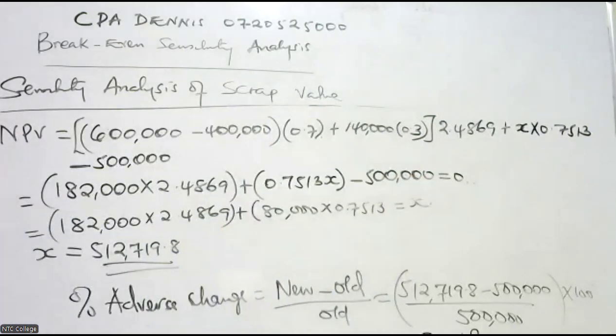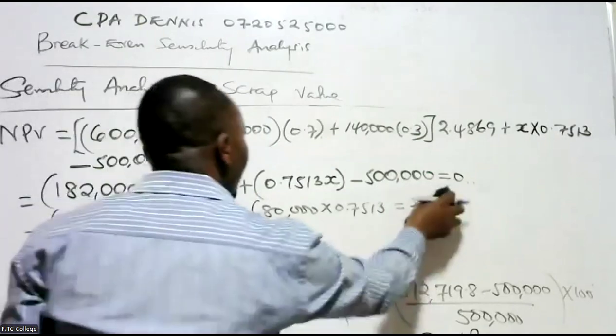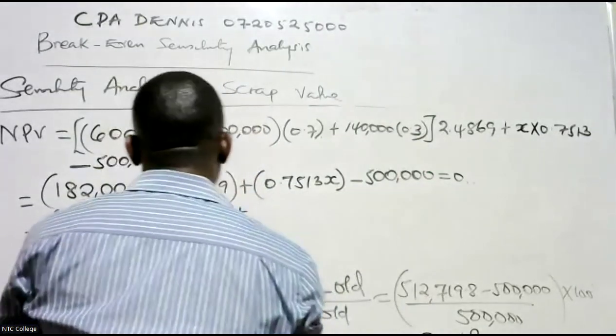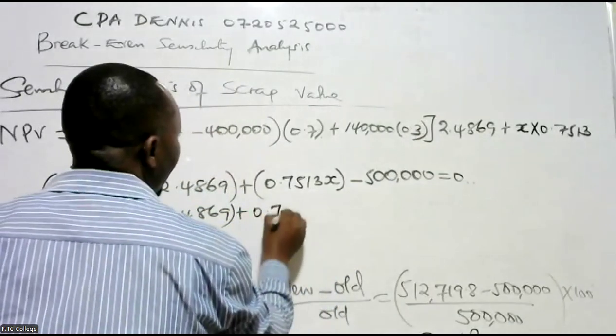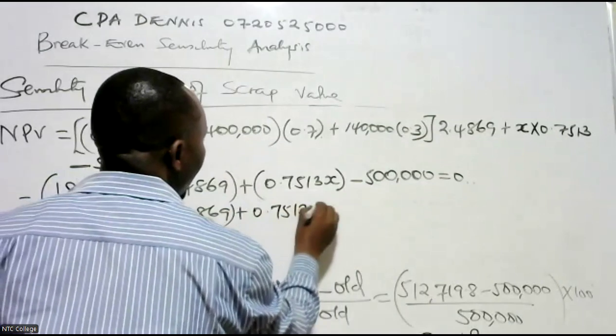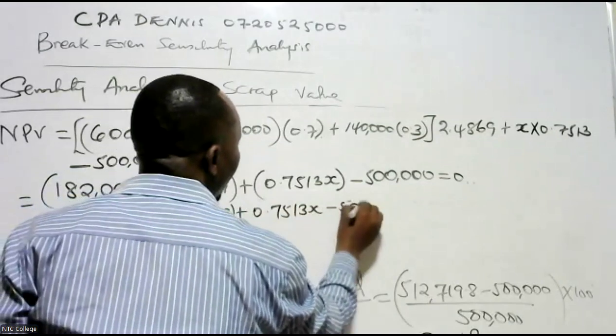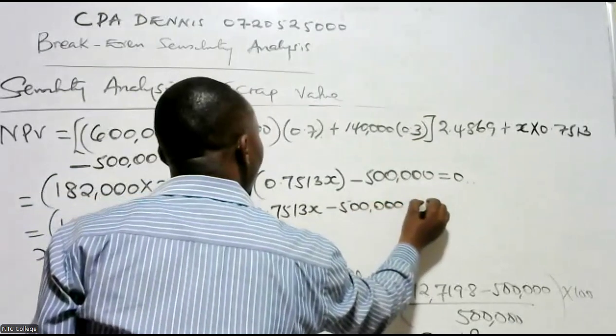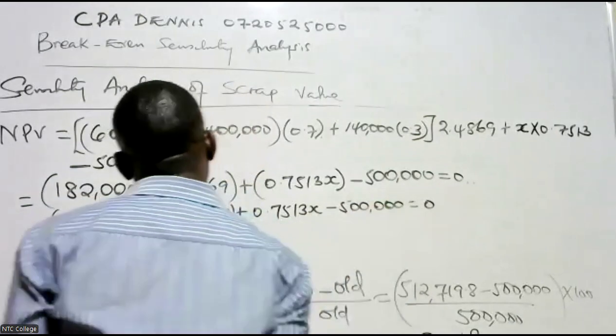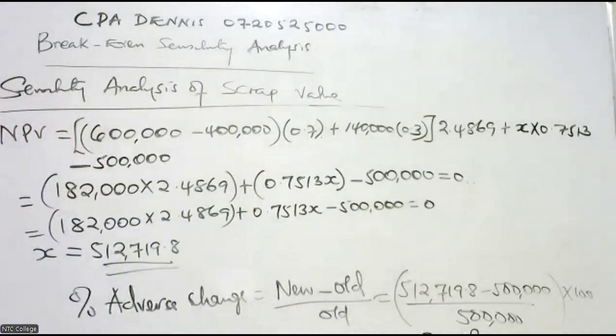So the whole thing will only make us arrive at 0. Here, we do the same thing. 0.7513x minus 500,000 is equal to 0. Can we make x the subject of the formula?